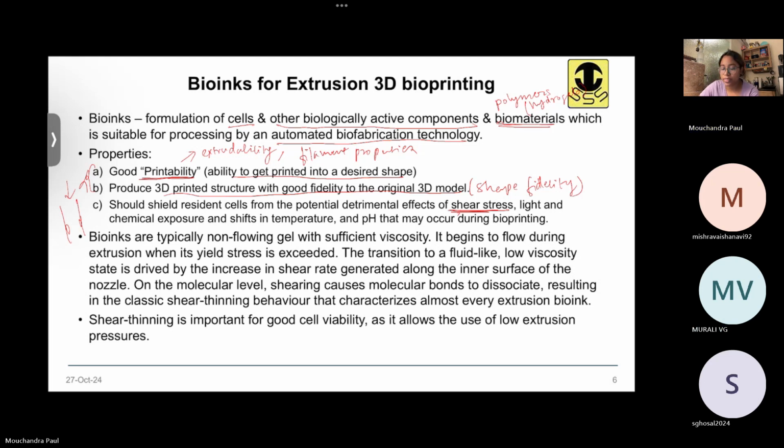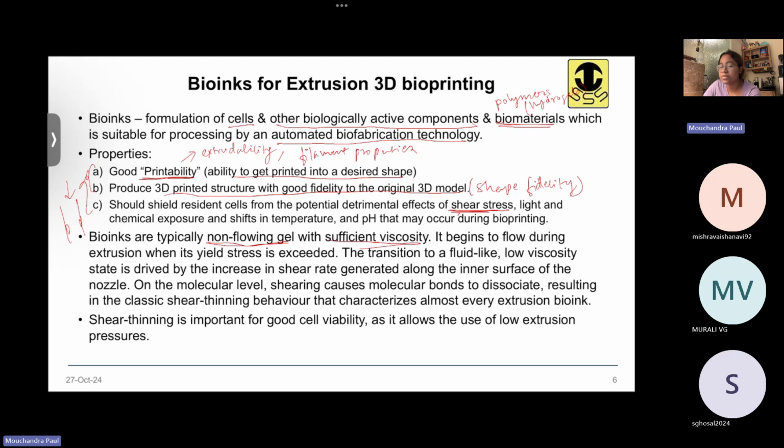The next point we are discussing is bioinks. They are usually non-flowing gels, so they don't flow on their own like water. If you pour water on the table, it will flow very easily. But bioinks are usually non-flowing with sufficient viscosity.